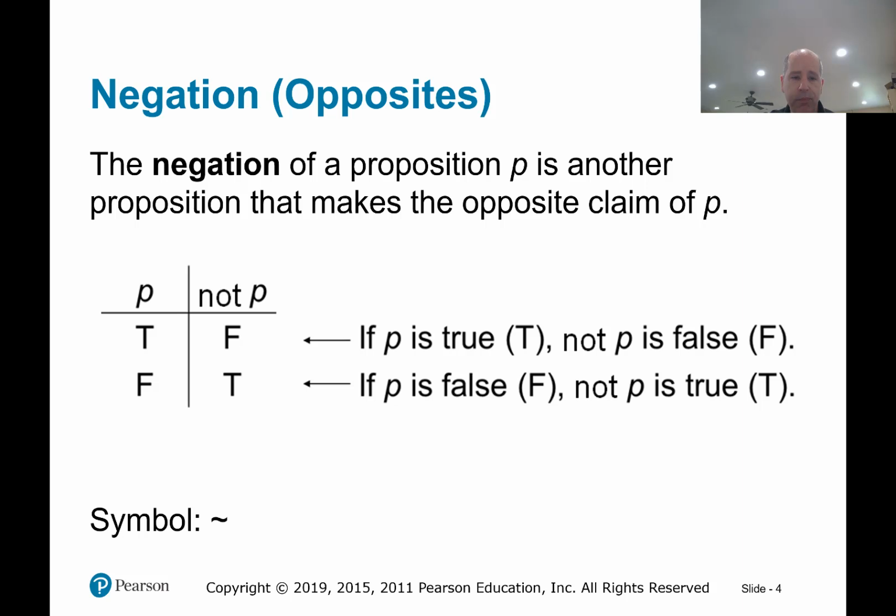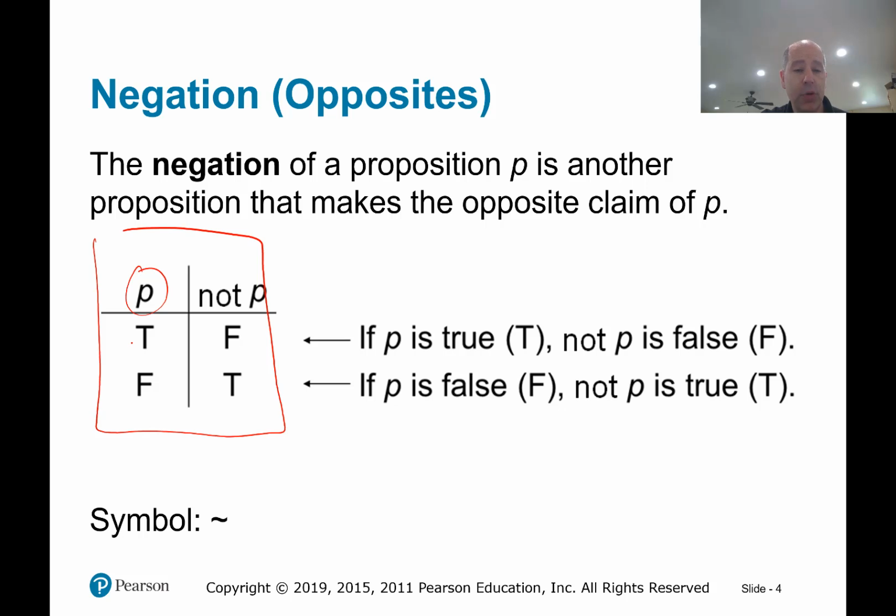Okay, so here's an example of a truth table. Notice that we have two columns. We always start with what's given, so P. P can either be true or false. We don't know.